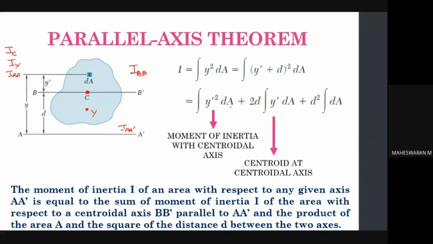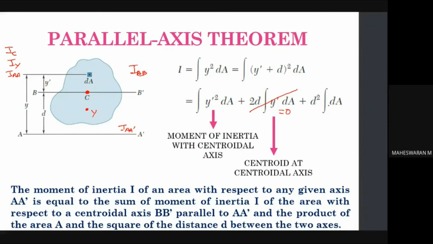Integral Y dash dA is about the centroidal axis, so it is nothing but 0, because it is already at the center point and there is no distance. So this term is eliminated. Plus d square times integral dA.